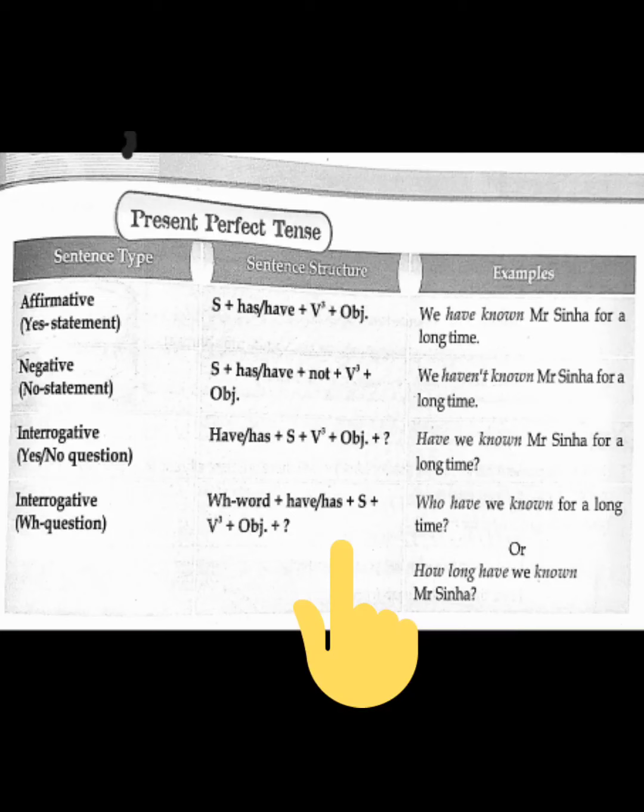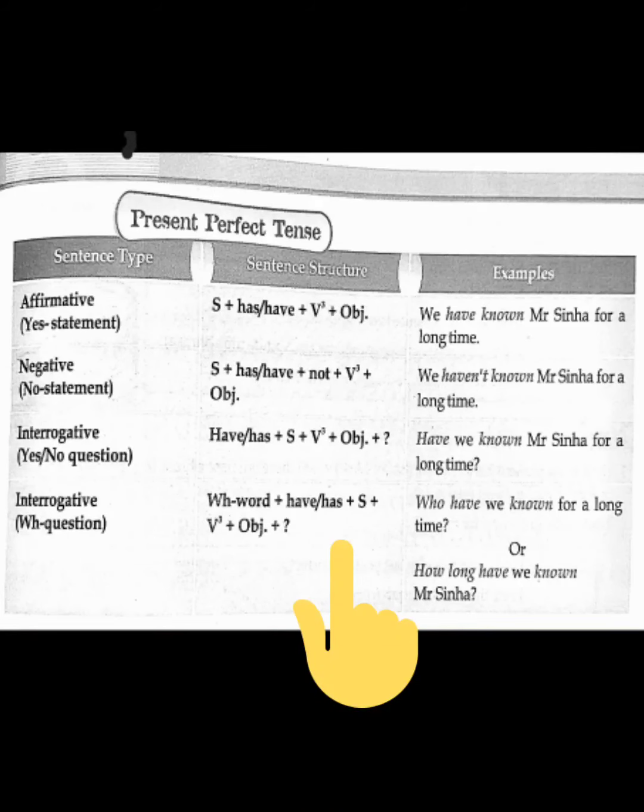Question mark. So can you see the difference? Who have we known for a long time? So here we are framing the question by using a WH word. Or we can say, how long have we known Mr. Sinha? Question mark. So students, this is the structure of changing affirmative, negative and interrogative sentences in the present perfect tense.